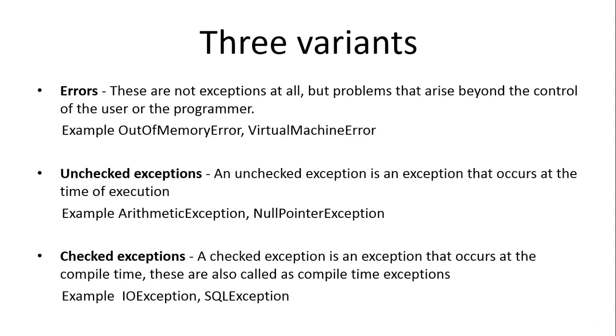Unchecked exceptions. An unchecked exception is an exception that occurs at the time of execution. Examples are arithmetic exception, null pointer exception. And next we talk about checked exceptions. A checked exception is an exception that occurs at the compile time.